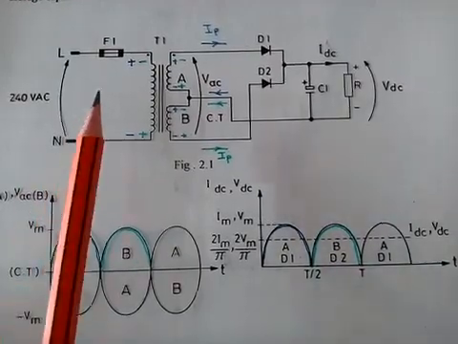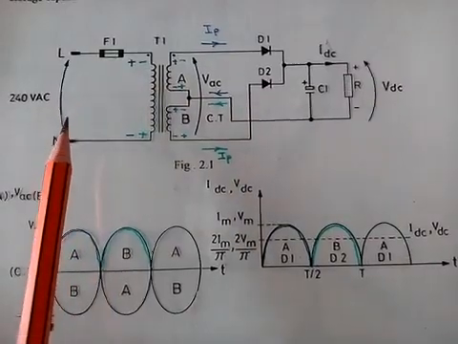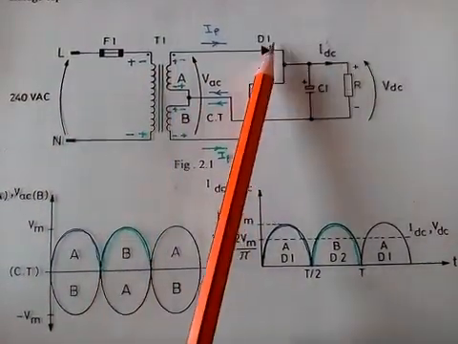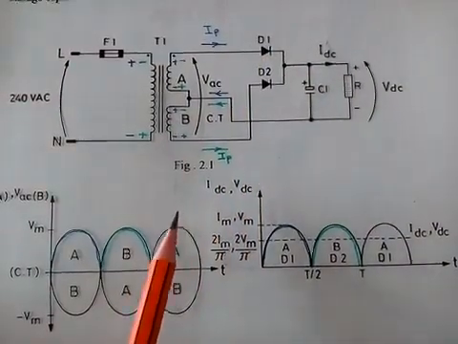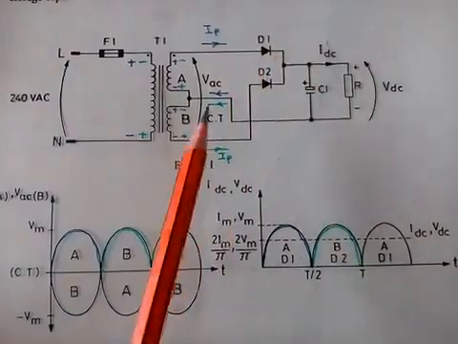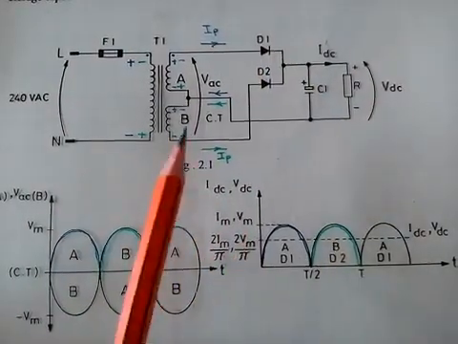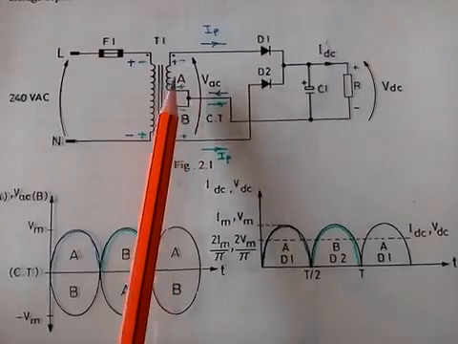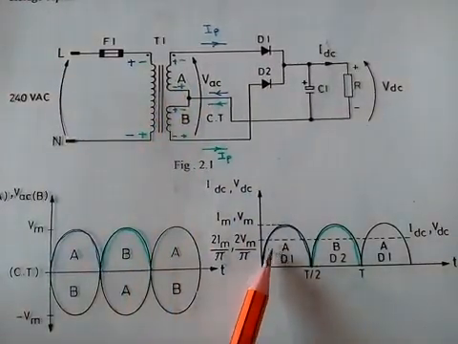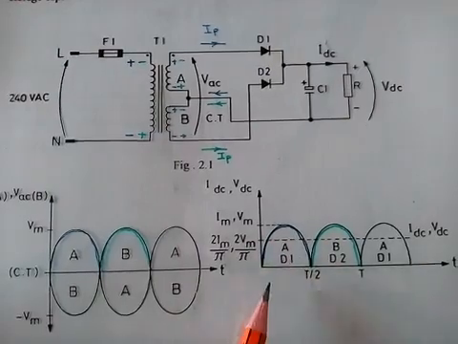When you have those blue polarities and your positive is here and here, D1 will be forward biased and it will conduct, and whatever is in winding A will be present at the load.